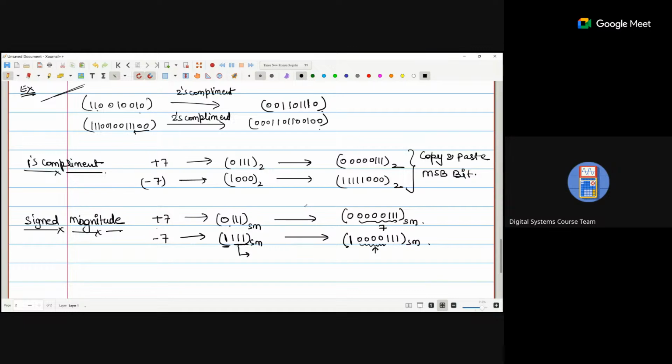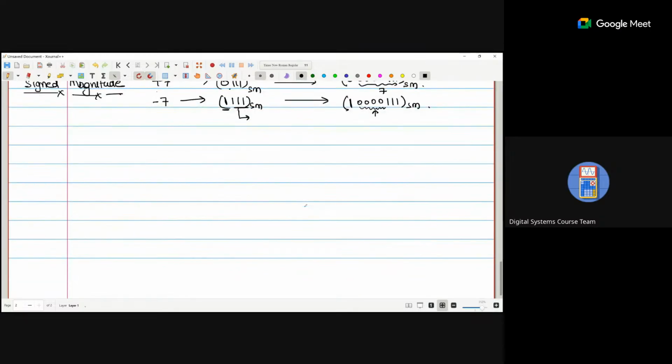Now the one question that arises in your mind is why we require this ones complement and twos complement. The requirement of this ones, twos complement and sign magnitude is that in mathematics you are using the calculator.